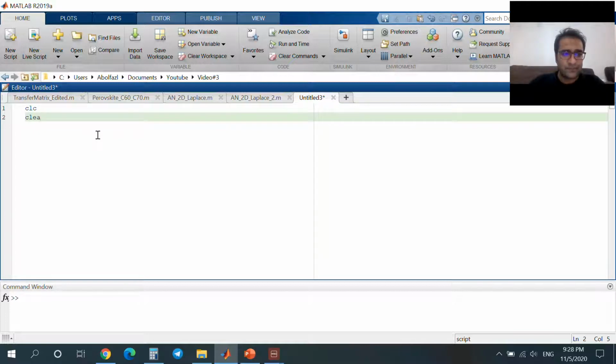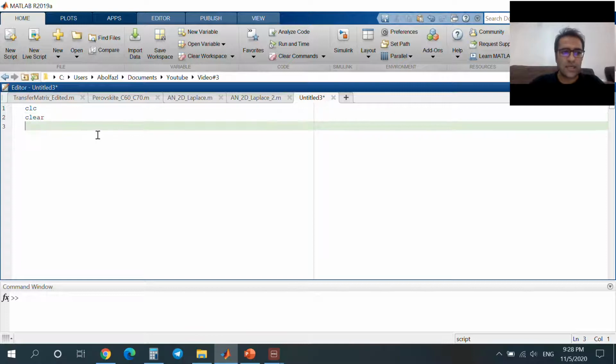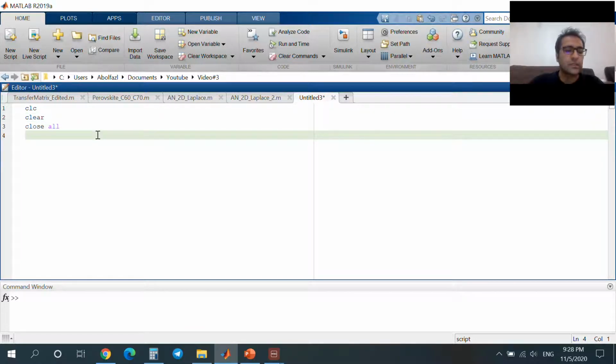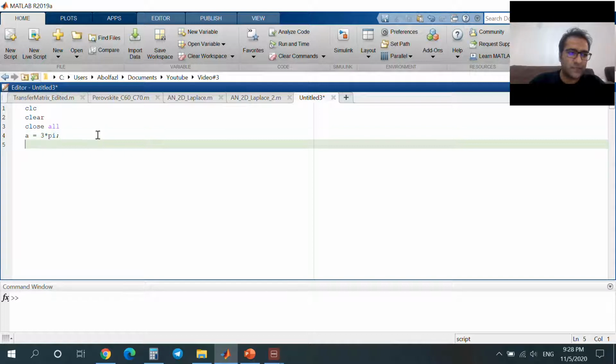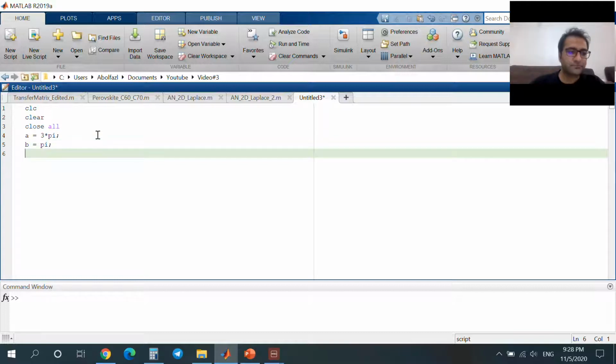Clear clears the workspace, and close all closes all the open figures. So we say that omega is 1. We don't take it into account, and define a to be 3 multiplied by pi, right? And b equal to just pi, right?